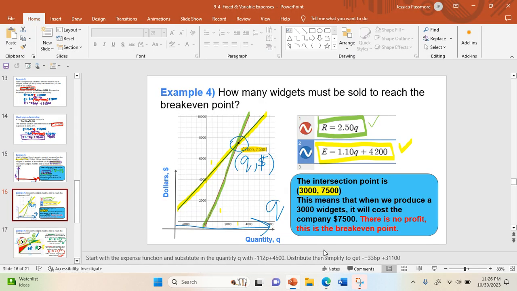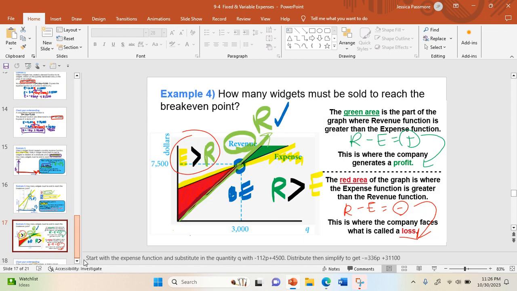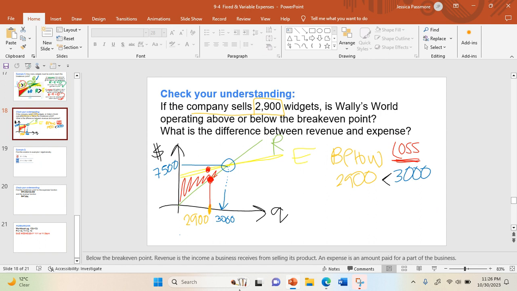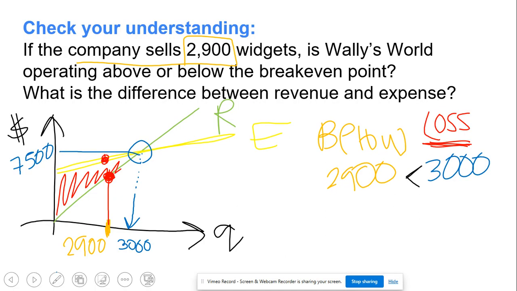So if we go back, 7,250 is where we're at. Our revenue is equal to 7,250, so we will say R is equal to 7,250 when our quantity is 2,900.